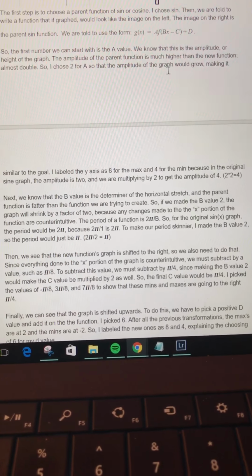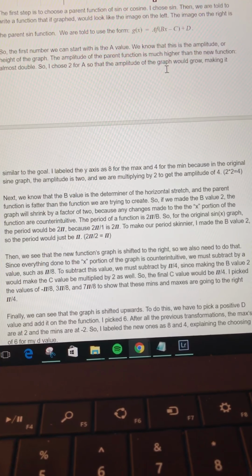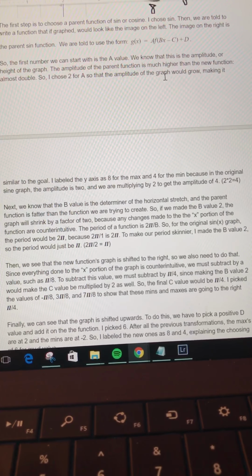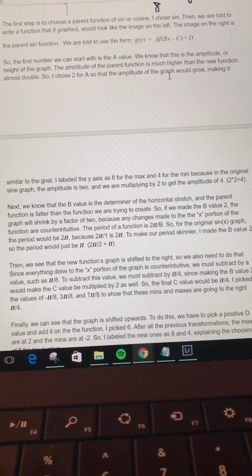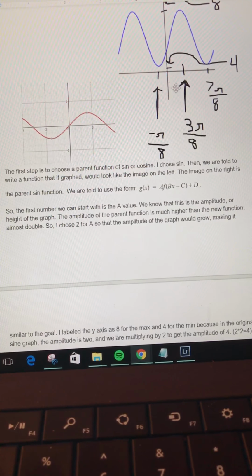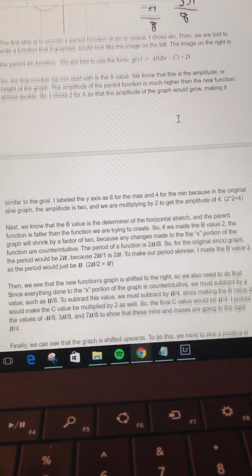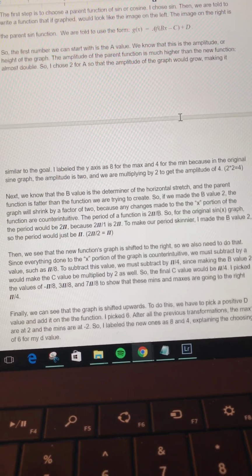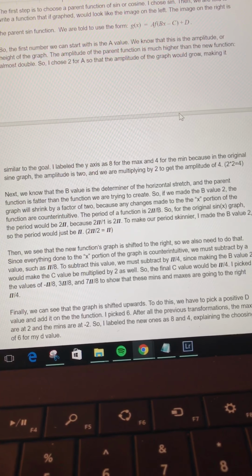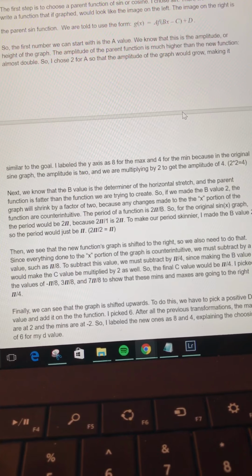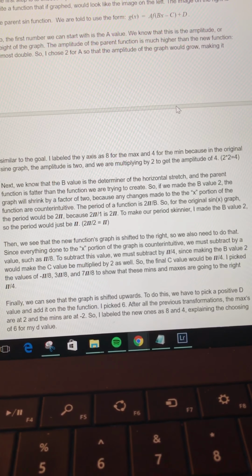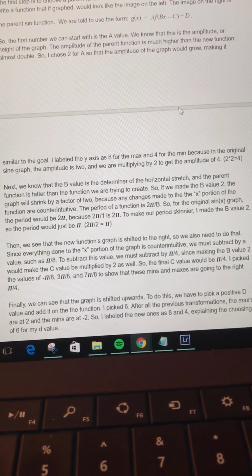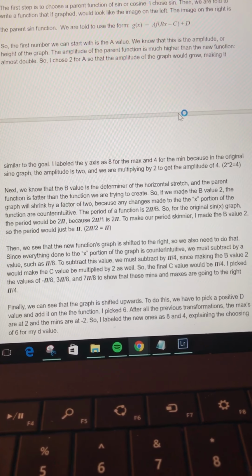Since things in the x value are counterintuitive, we would have to subtract the value to make it go right. So I made it move pi/8. To make it move pi/8, however, we'd have to make it pi/4 because of the 2 we put as the b value.